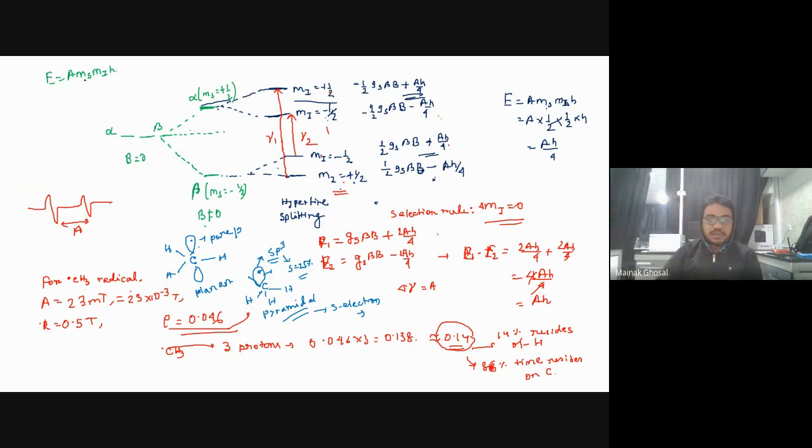In the ESR of the methyl radical, it is generally seen that there is less hyperfine splitting, which suggests the planar structure, because very little hyperfine splitting means very little coupling between electron and nucleus. That means the preferred geometry is planar.